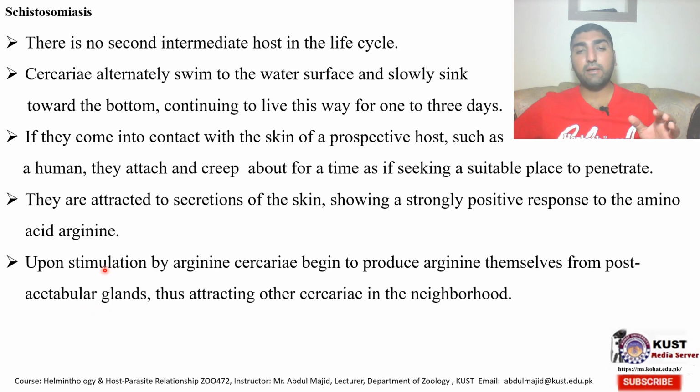Once they reach the skin of the human being, the cercariae by themselves will start secreting arginine from their post-acetabular gland. Why? To attract other cercariae in the near vicinity, so they will be attracted to that arginine, and they will penetrate the skin of the host together.